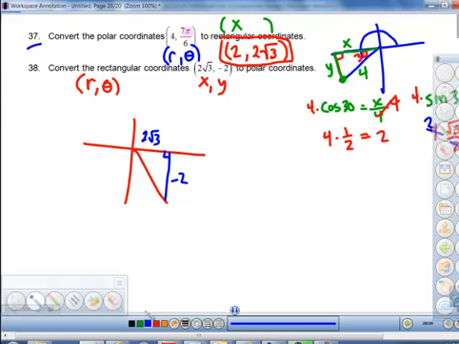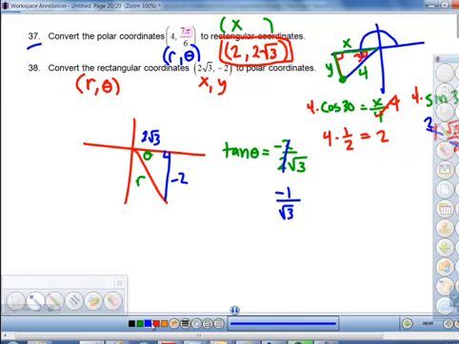So we want to know what the r is and then what the theta is. Since we've got opposite over adjacent, we can use tangent. Tangent of the angle is going to be negative 2 over 2 radical 3. The 2's cancel, and I'm left with negative 1 over radical 3.